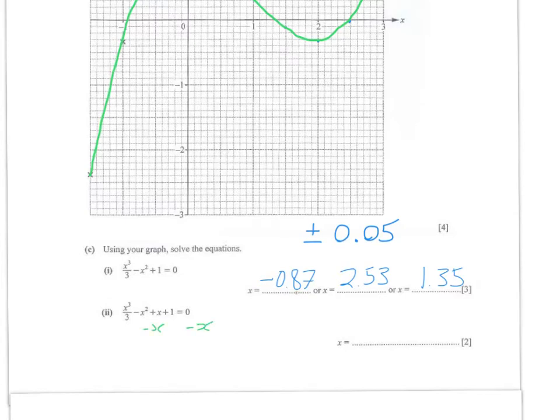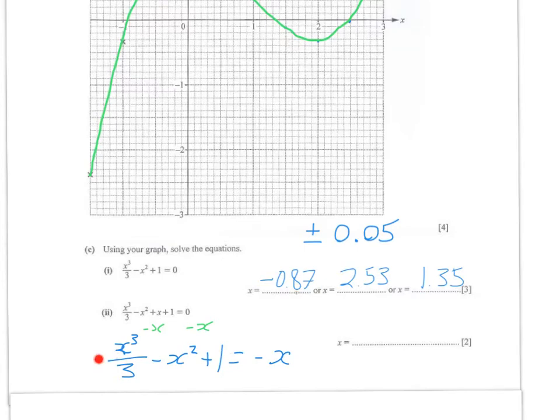If I do that, then I end up with x cubed over 3 minus x squared plus 1 on the left-hand side and negative x on the right-hand side.